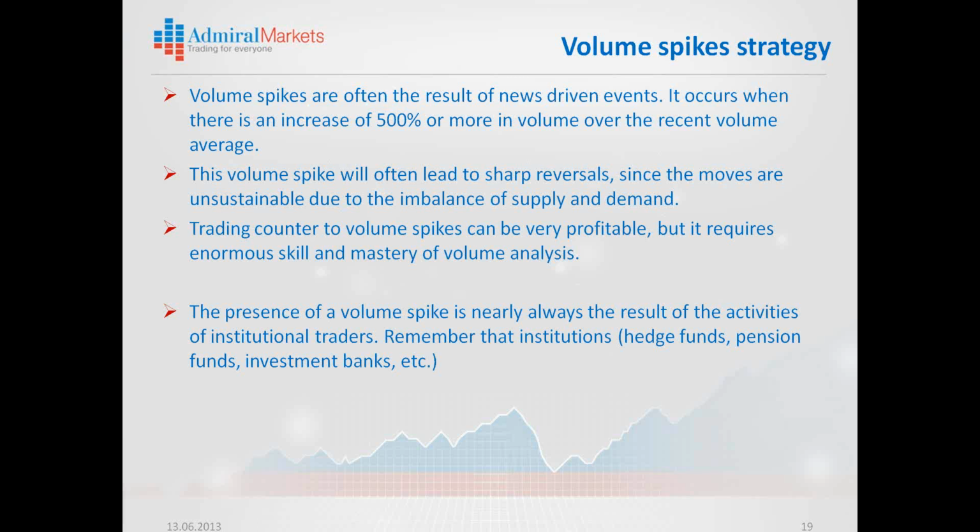When there is an imbalance of supply and demand, and there are a lot of spikes to the upside or trend moves without any retracements, called direct falls or direct rises, that is when we should see the opportunity for the price to find an equilibrium, and we want to take counter trend trades. Trading counter to volume spikes can be very profitable, but it requires enormous skill and mastery of volume analysis.